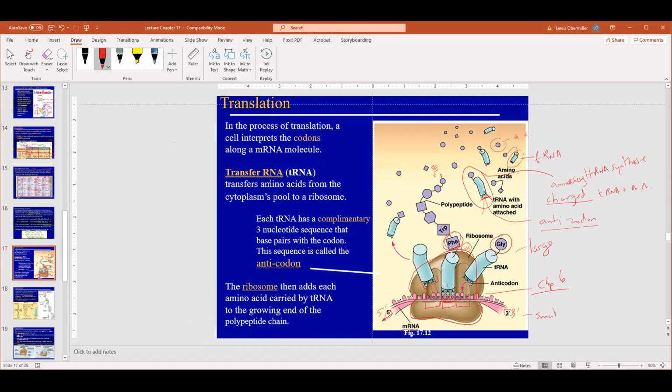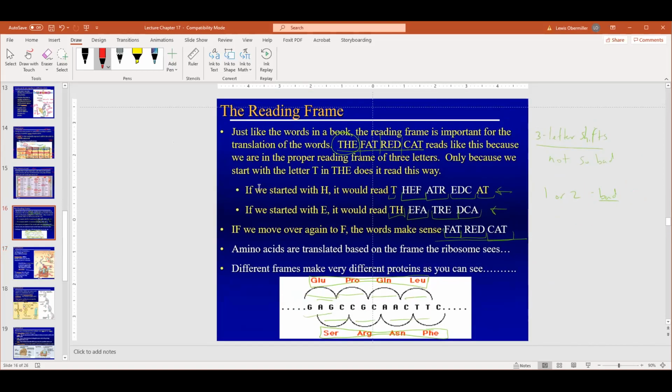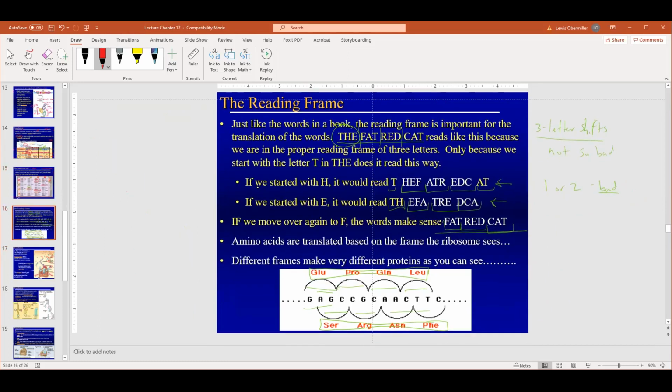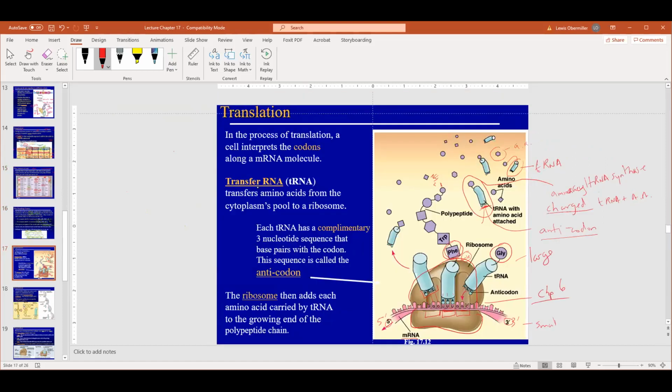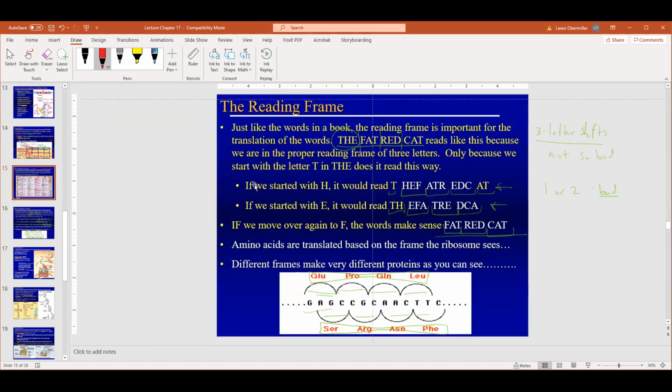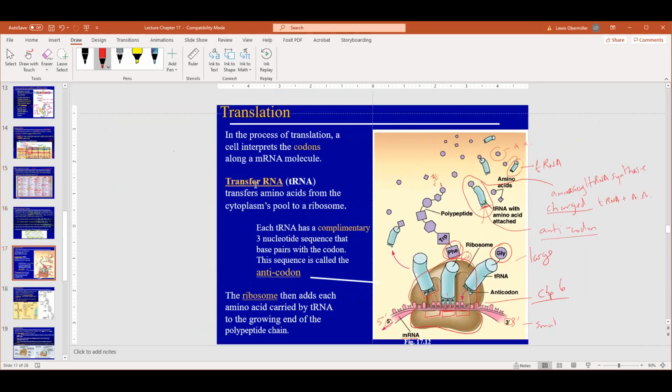And we can check this one. GGC should code for glycine. Let's go back and look. Sure enough, GGC is also glycine, right here. So the artist did this correctly, and that's what we would expect.